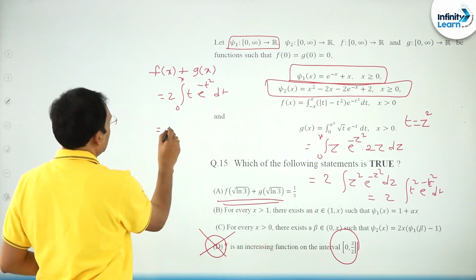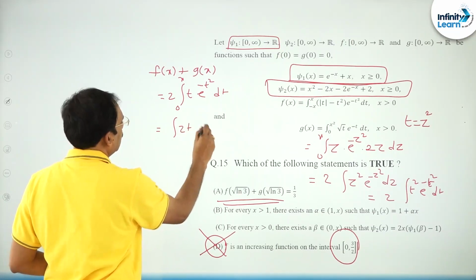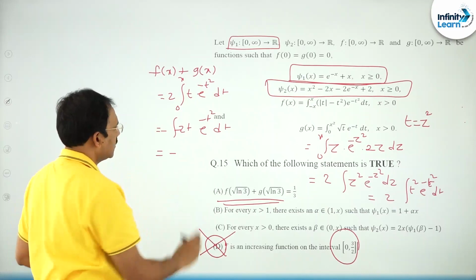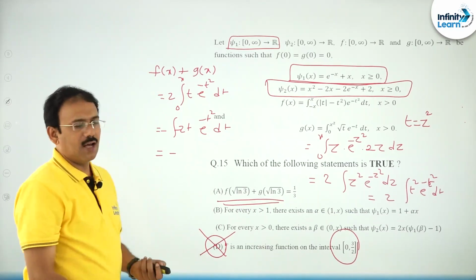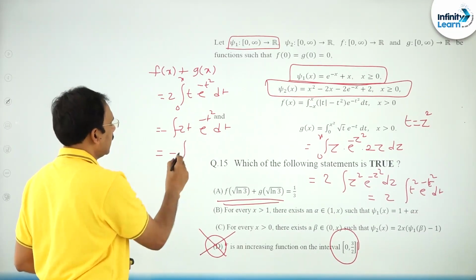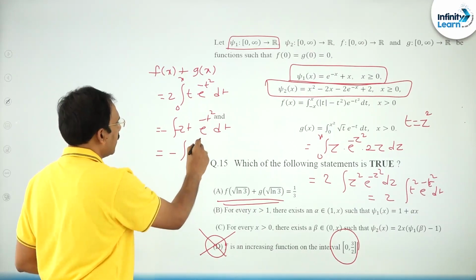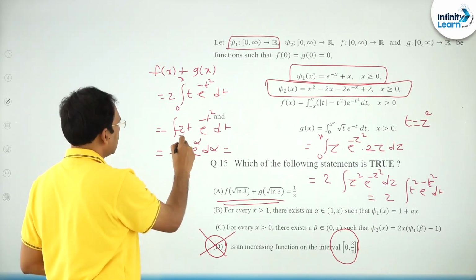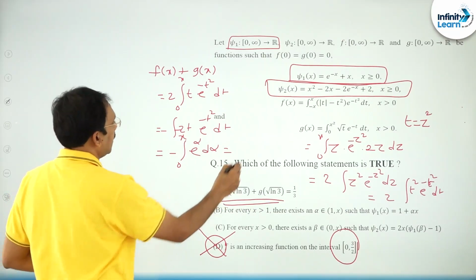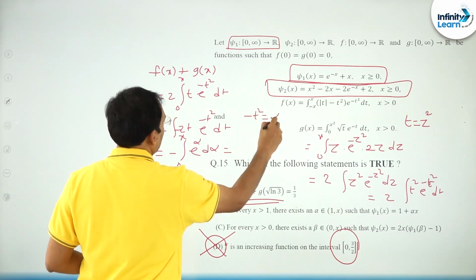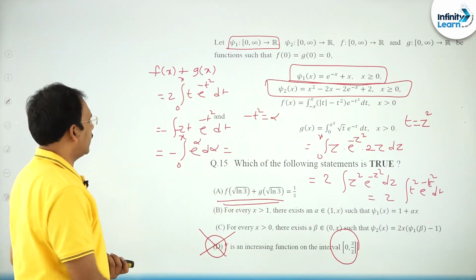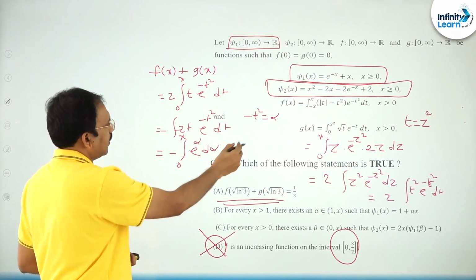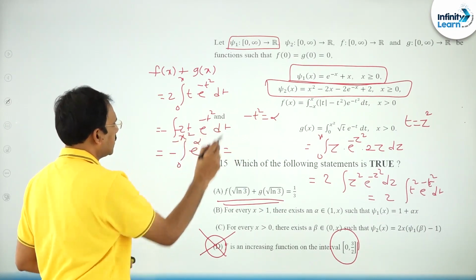Yes, you can take 2t inside, 2t into e power minus t square dt, you can also supply minus. You see, if minus t square is alpha, minus 2t dt is d alpha, this is e power alpha d alpha, which is, friends, integral 0 to x. And friends, you have taken minus t square equal to alpha, so accordingly the limits will also change. You see, x is 0 when t is, this is minus x square.